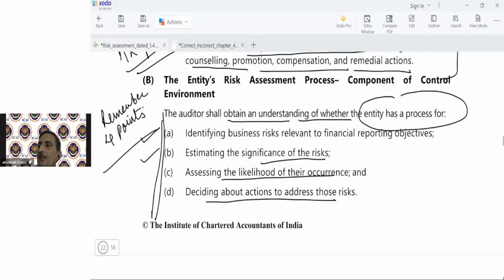Remember these 4 points. First, identify the business risk. Second, estimate significance: how important is that business risk? Third, what is the possibility of it happening? And fourth, deciding the action to manage those risks. Simple.